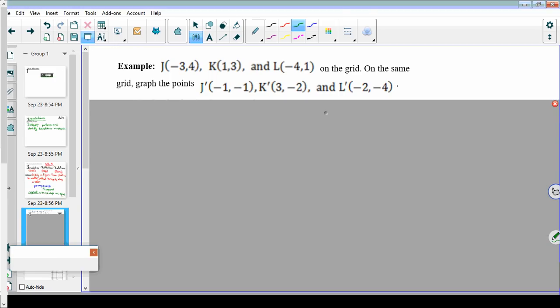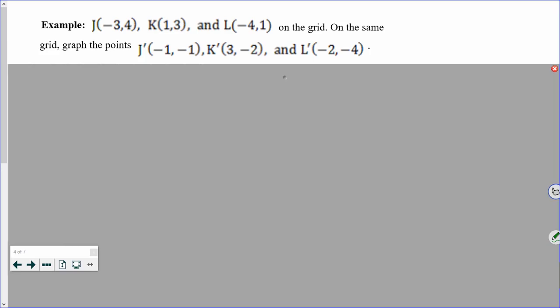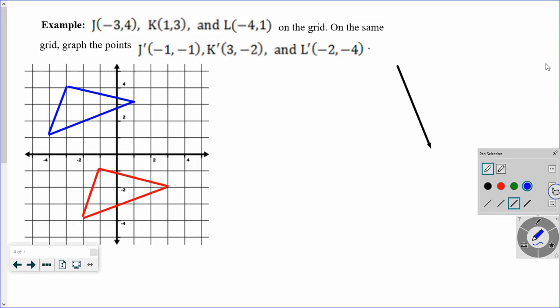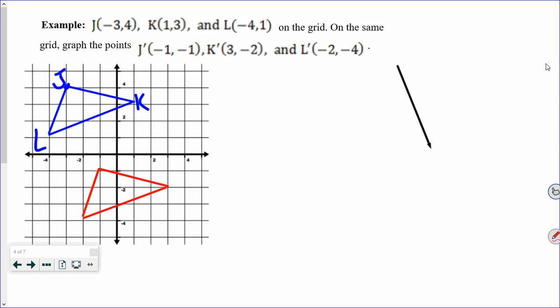If you have graphed your two triangles, you should have something that looks like this, where my JKL are in blue, and my J apostrophe, K apostrophe, L apostrophe are in red.